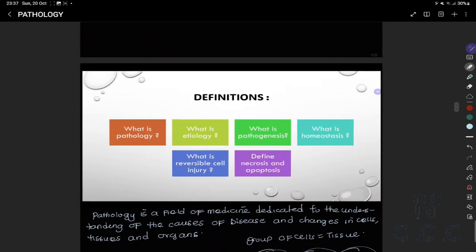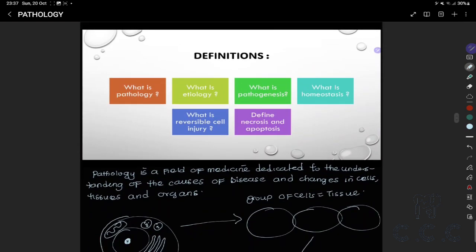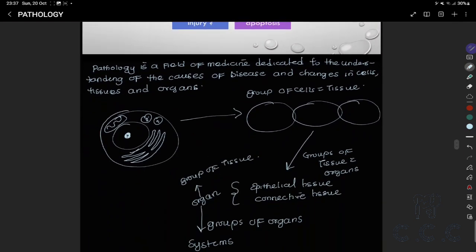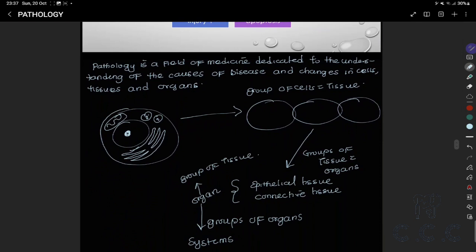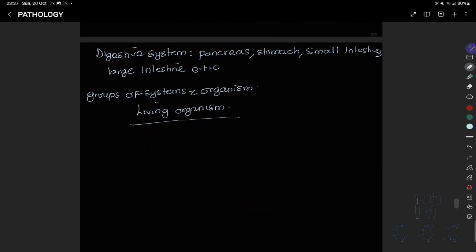Now we've defined pathology. The second thing we need to define is etiology. What really is etiology, and how is it important? Etiology deals with the origin of a disease. So etiology is literally us finding out the underlying cause or the underlying factors responsible for this disease.